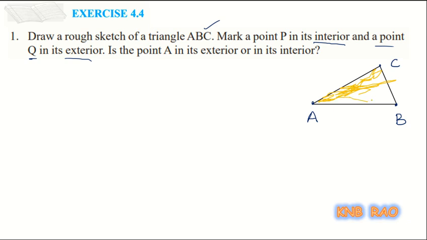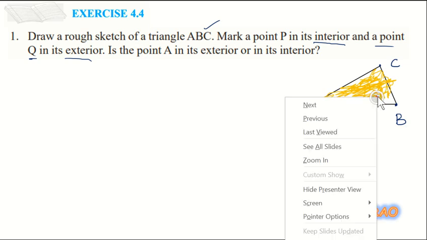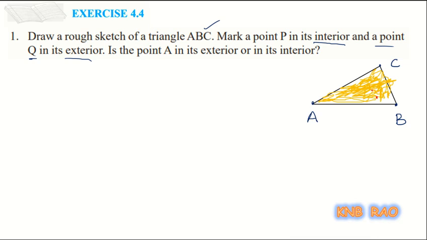Whatever I have here, this interior portion inside, if I take any point such as P. Here I am taking a point P and naming it P, and the exterior is outside of the triangle.